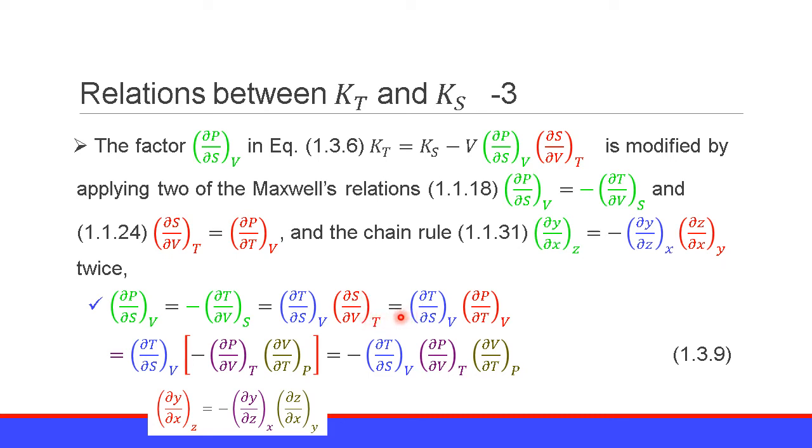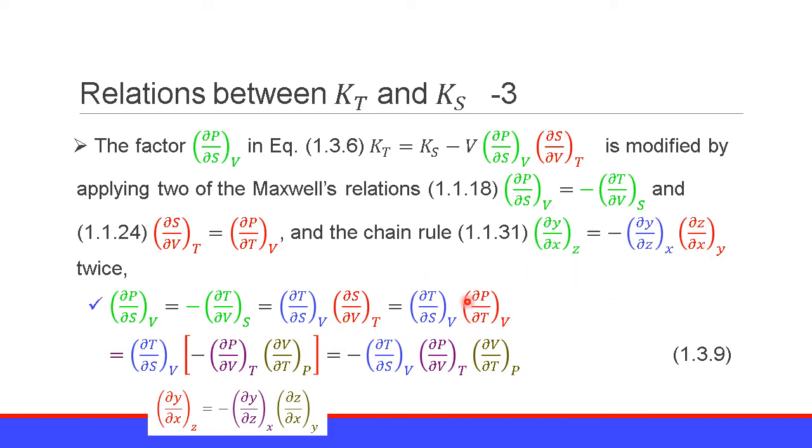Then by using this Maxwell's equation, this red factor becomes this one. ∂S/∂V at T is equal to ∂P/∂T at V. Therefore, this green factor becomes ∂T/∂S at V times ∂P/∂T at V. And we apply the chain rule once more.